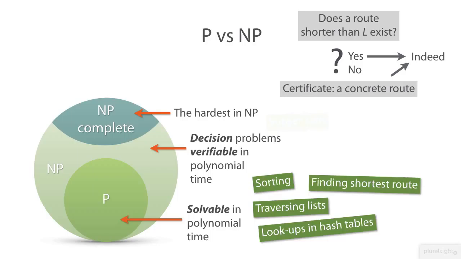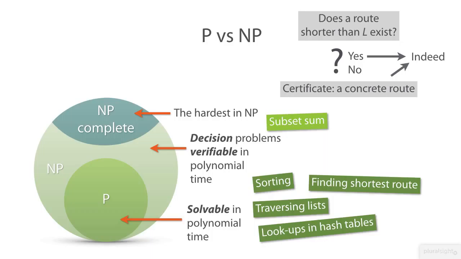One problem is named subset sum, and it's actually rather simple. Imagine a bunch of integers, positive and negative. The problem is now to answer if there exists any subset of these integers whose sum equals 0. Yes or no? Clearly, we can verify a yes solution in polynomial time.